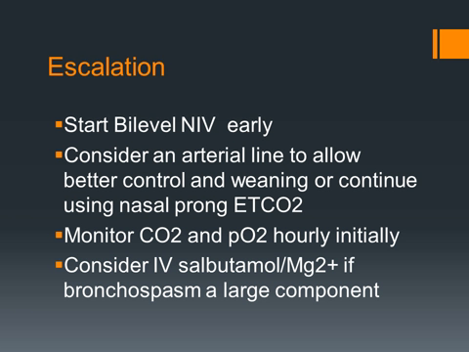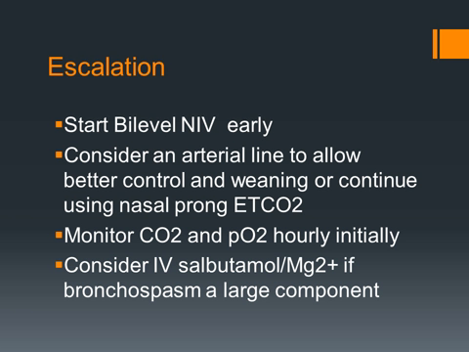So if you decide that it's appropriate to escalate medical care, you should start bi-level non-invasive ventilation early. The remainder of this talk will talk about bi-level in detail. Consider an arterial line early to allow better control and avoid multiple stabs to the artery, or you can continue using CO2 nasal prongs if you've calibrated the end tidal value with an arterial CO2.